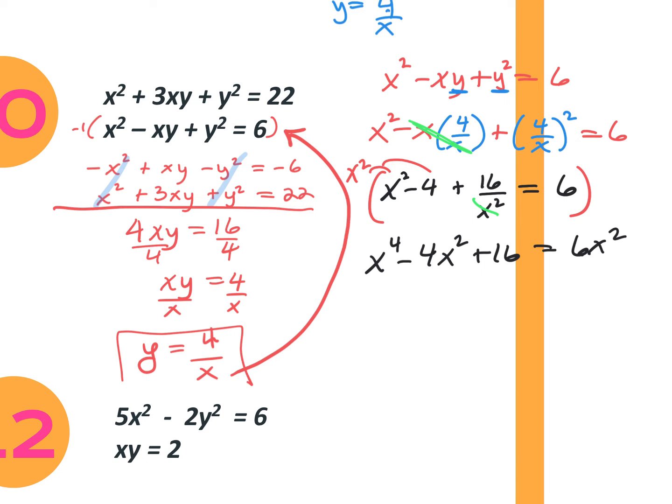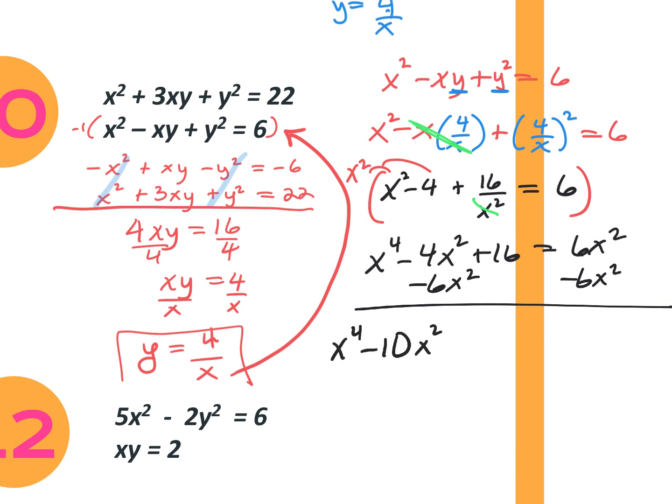I need to move the 6x squared over, set it equal to 0. x to the 4th minus 10x squared plus 16 equals 0.